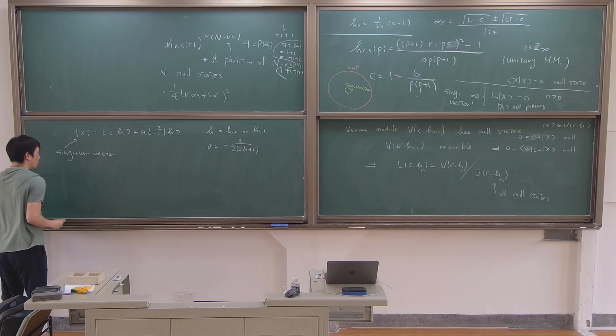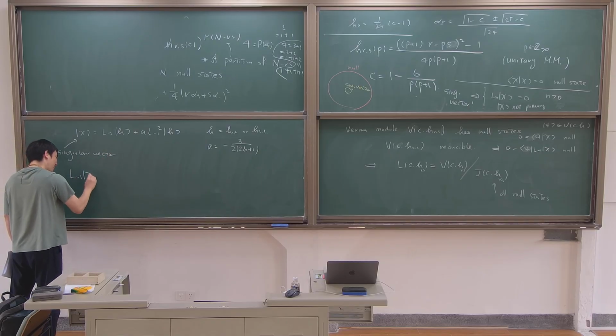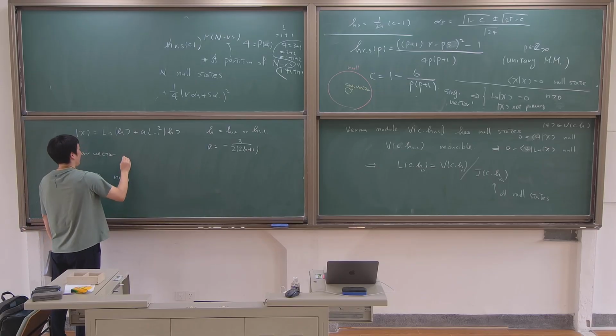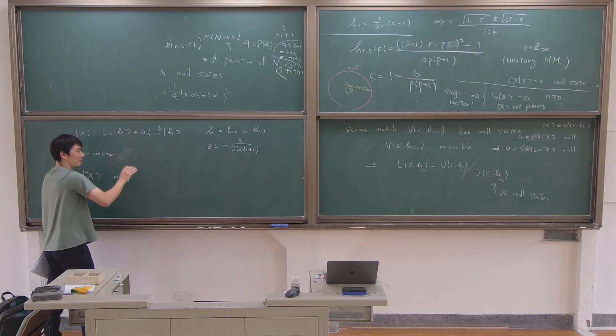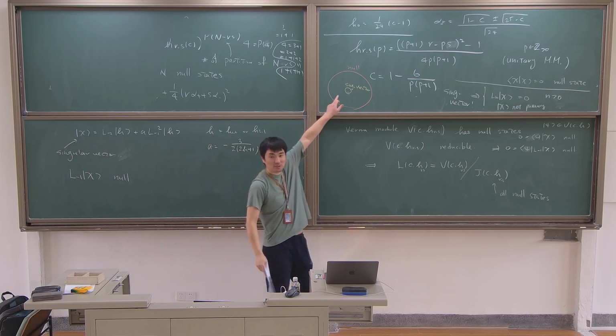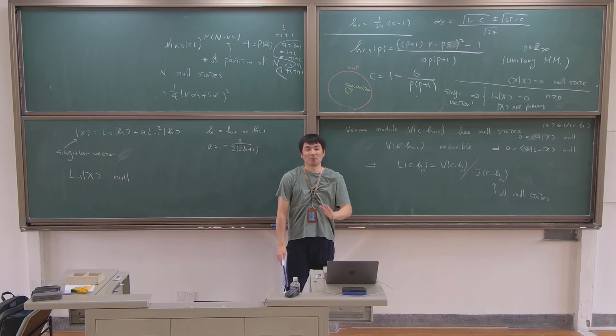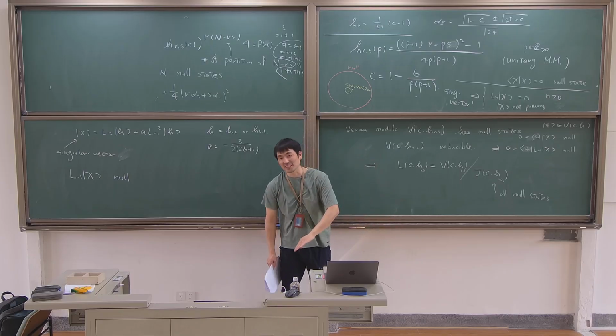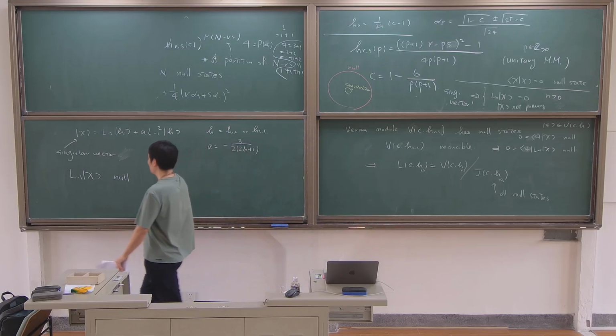But L minus 1 chi is not singular but null. Of course, singular automatically means null, but null does not necessarily mean singular. So this is a null state.